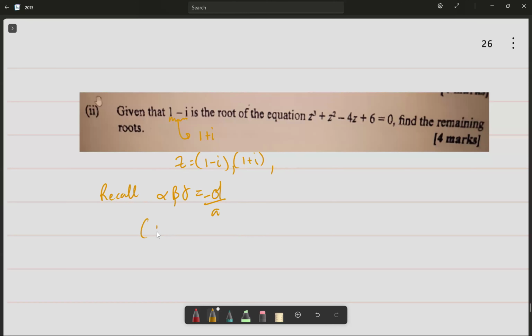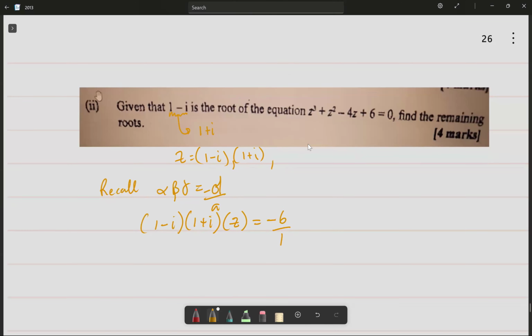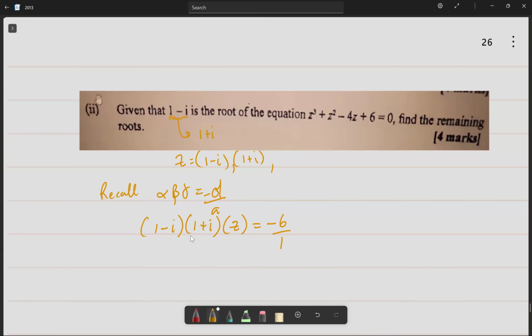So that means we'll have 1 minus I, 1 plus I, multiplied by what we don't know z is yet, is equal to negative 6 over 1.